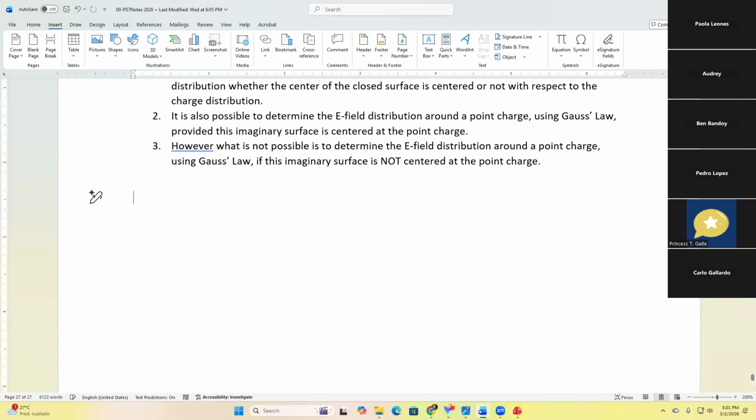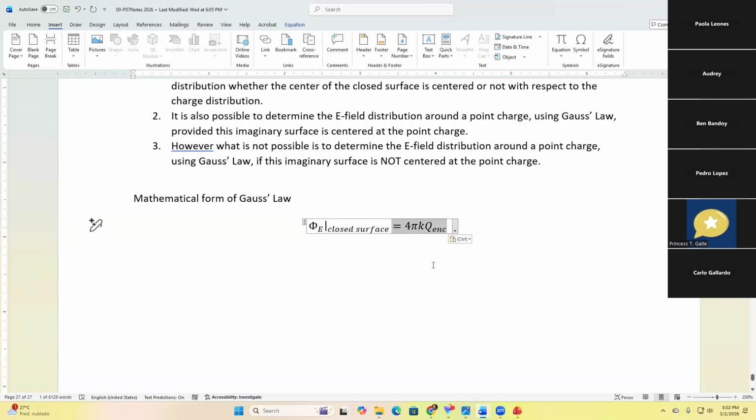The mathematical form of Gauss's law: the electric flux through a closed surface is equal to this quantity that you see here. But don't forget, it's the closed surface, right? It's the charge enclosed by the surface. Okay? It can be rewritten in a different way.